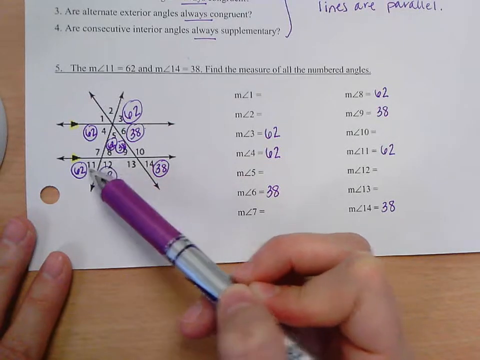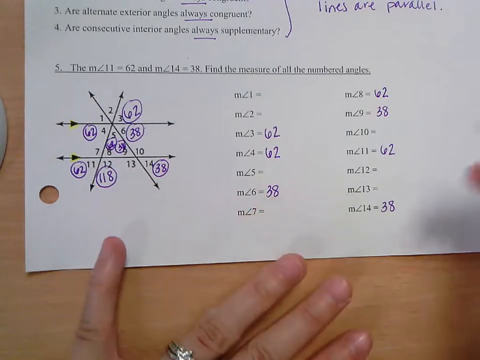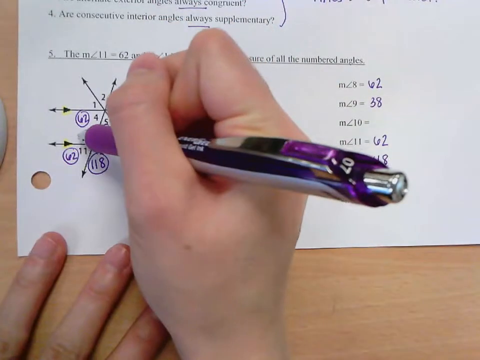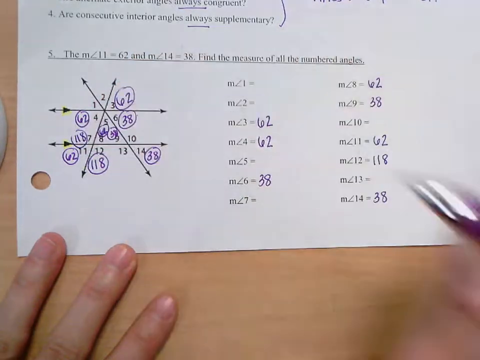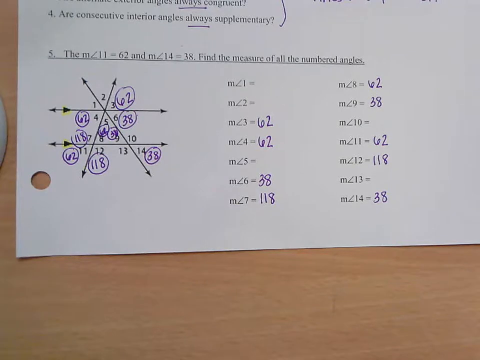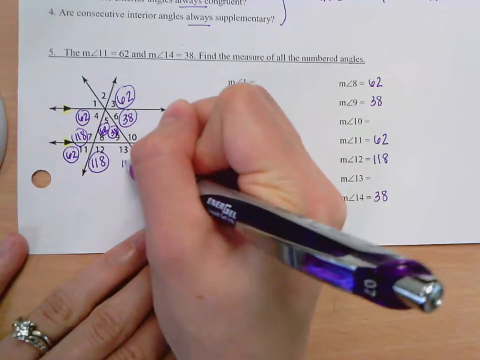They form a line, they add to 180. So 12 is 118. That means 7 is also, yes, 7 is also 118. What about 13? 142?